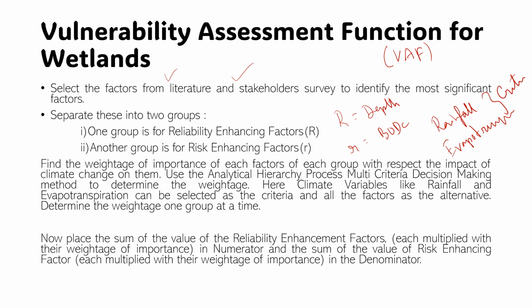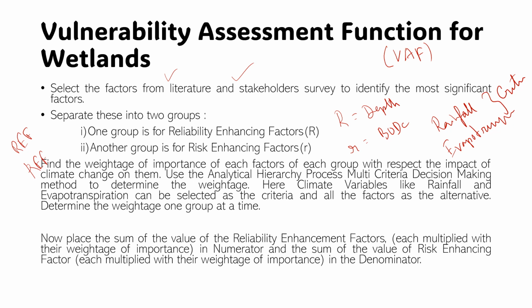Once you determine the weightage of all the reliability enhancing factors in this manner, then apply AHP in the same way, but this time for the risk enhancing factors. So you find the weightage for the reliability enhancing factors in one step, and in another step you apply AHP to find the weightage of the risk enhancing factors.